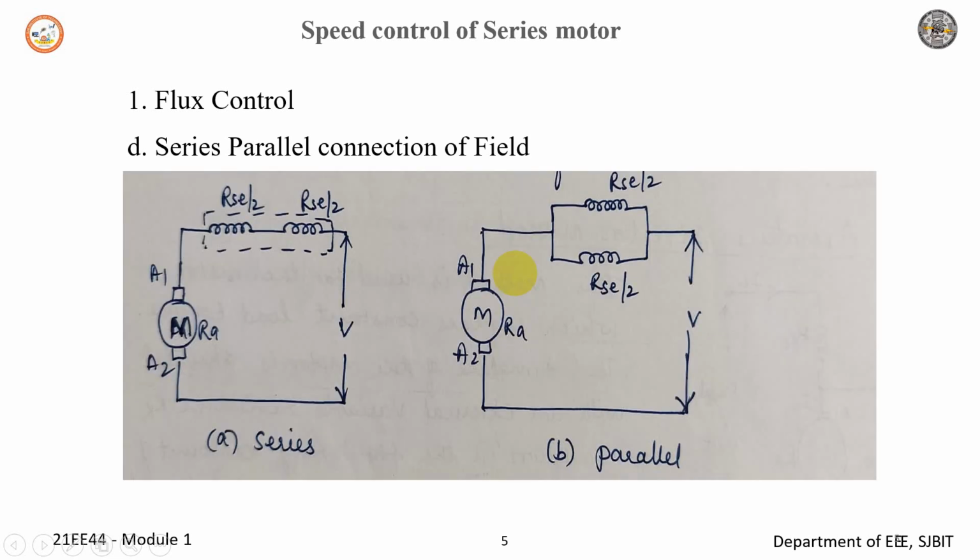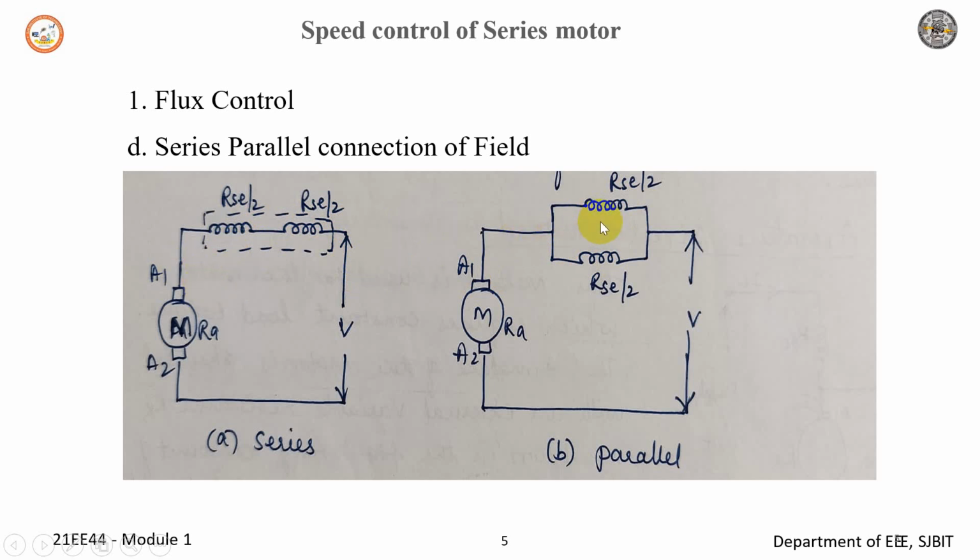The next method under flux control is the series-parallel connection of field. The series method is given by circuit A, and the parallel connection by circuit B. In this method, the field is divided into various parts. These parts can be connected in series as shown in figure A or in parallel as shown in figure B. For the same torque, if the field coils are arranged in series or parallel, the MMF produced by the coil changes, hence the flux produced also changes, and thereby speed can be controlled.